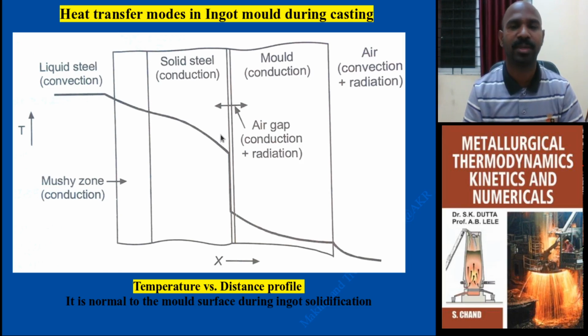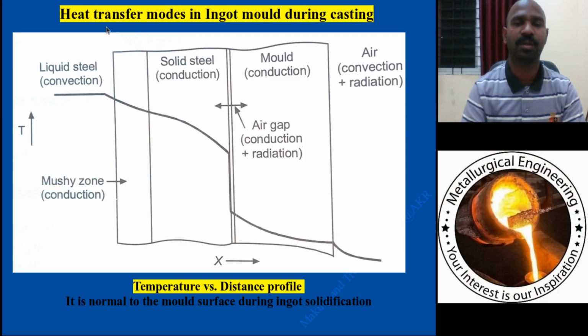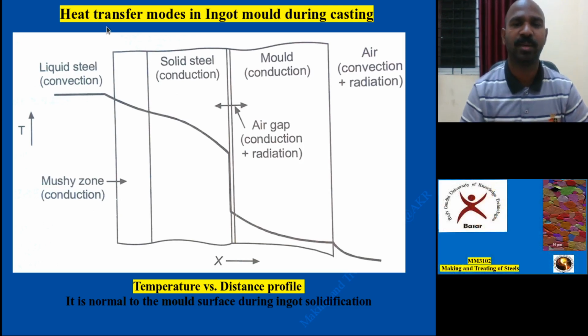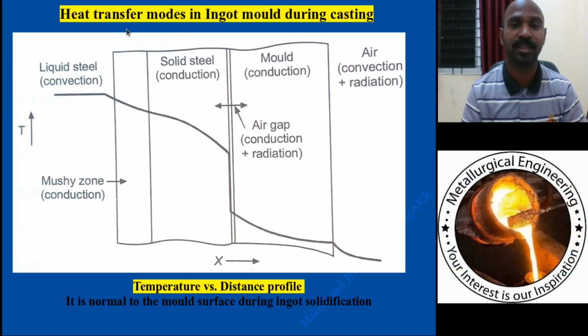In our metallurgical industry, the steel making ladle or steel making furnace also involves these kinds of heat transfer. There are many questions that appear on heat transfer, and it is also part of the subject of transport phenomena. Deeply it will be covered there.